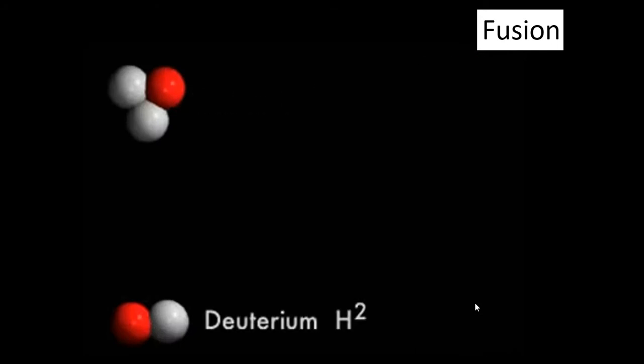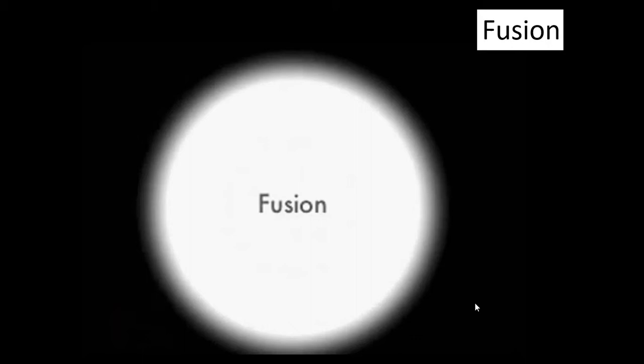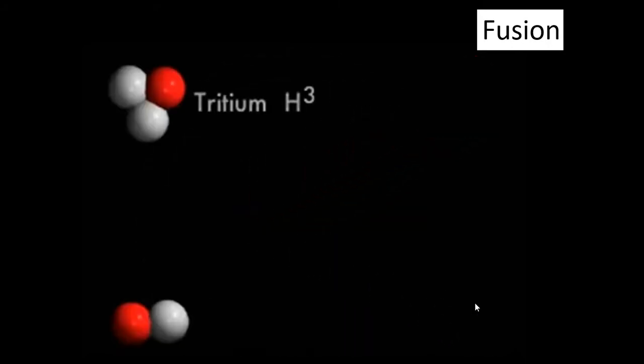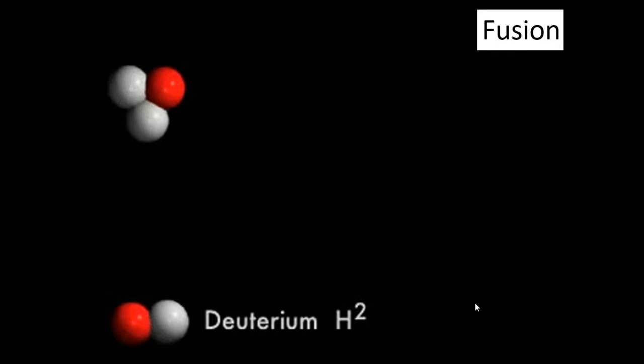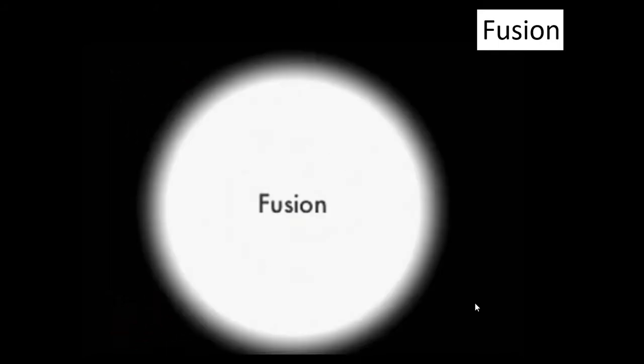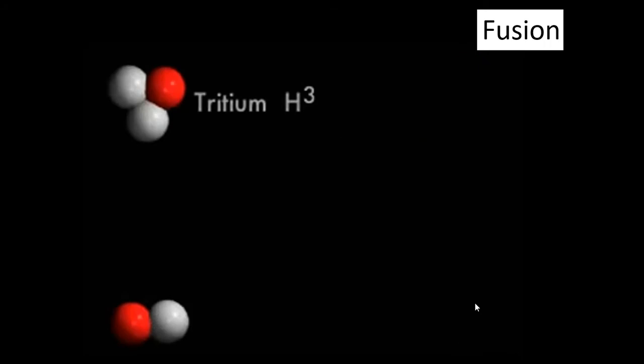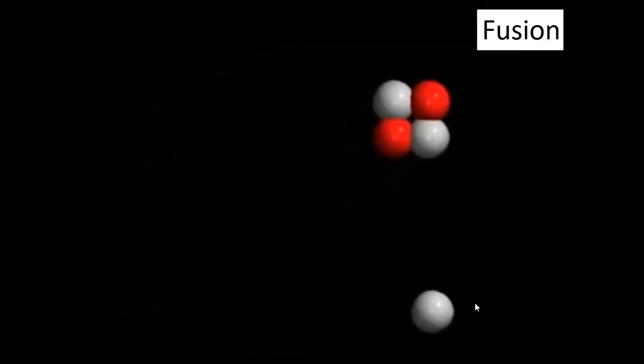Remember, an isotope is the same number of protons, different numbers of neutrons, fused together to make a helium nucleus and a leftover neutron. So this is one example of a fusion reaction that happens inside the sun that ends up making the light and thermal energy that we need so badly on Earth.